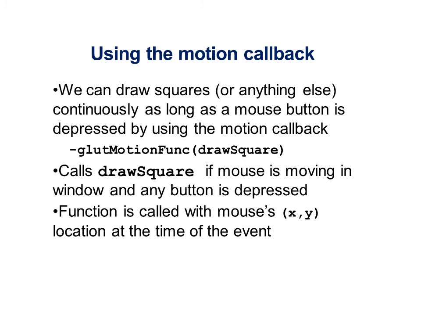The draw square function, like in the previous slide, will make use of an array to store the parameters for drawing a square. This function is called with the x and y location of the mouse. So wherever the mouse is pointing to, at that place itself we can get a square. This can be used for animations, or you can go for creating a special effect by making use of this motion callback API.